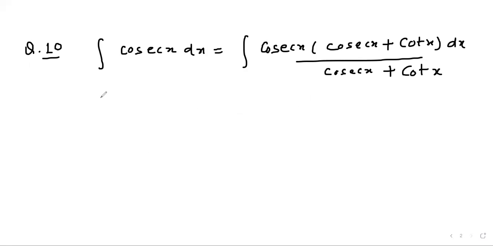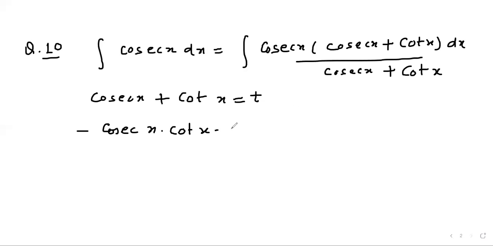Now we put cosec x plus cot x equal to t. We will get minus cosec x cot x minus cosec square x times dx equal to dt.